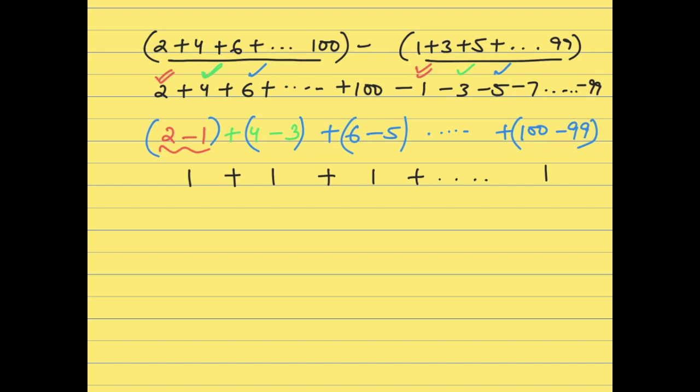In the second sequence, we have 50 numbers. So all in all, we have 50 pairs. 50 pairs will give you 50 ones. So the sum of the sequence will be 50 times 1, that will be 50. So our answer is 50.